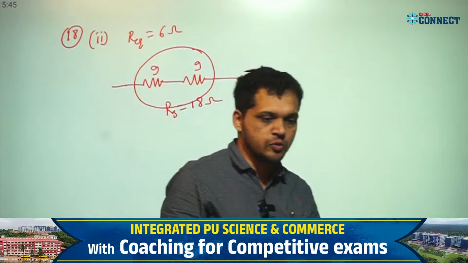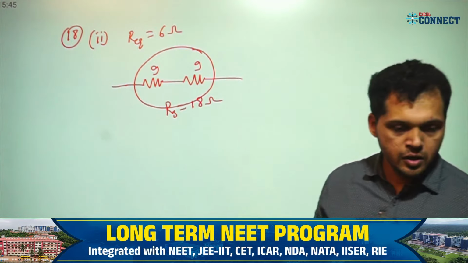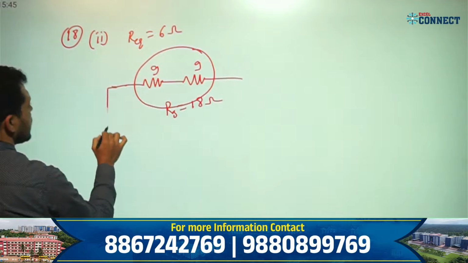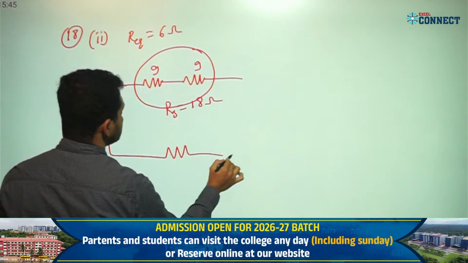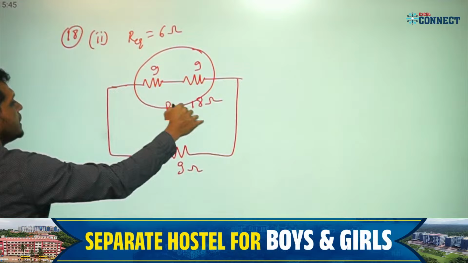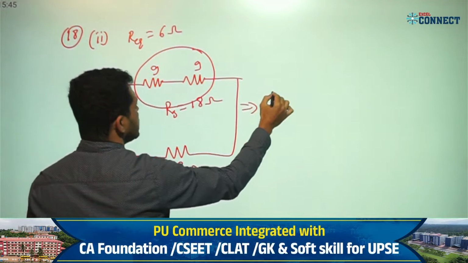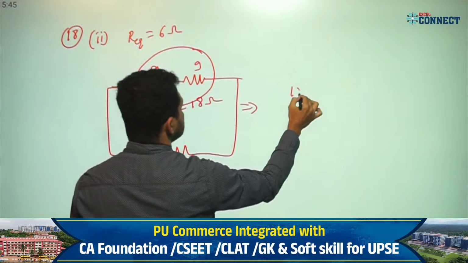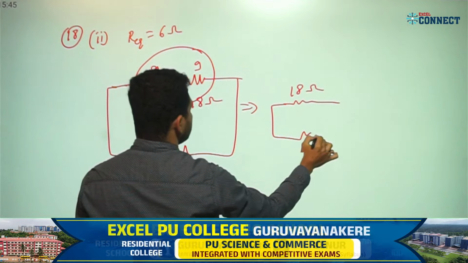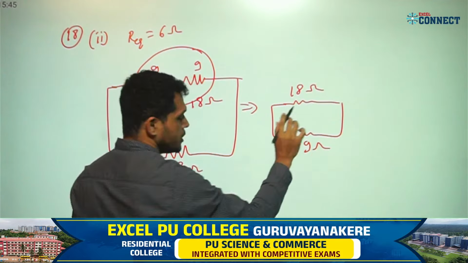So, 2 in series, 1 in parallel. I write another resistor in parallel to this, of 9 ohm. Now I write the series pair as a single resistor, 18 ohm, and then 9 ohm in parallel.